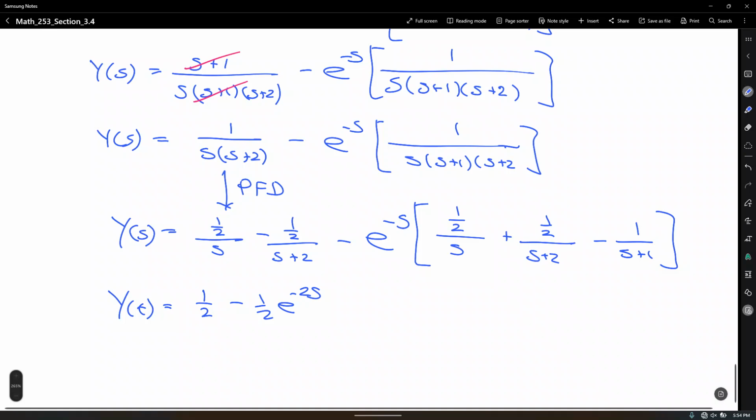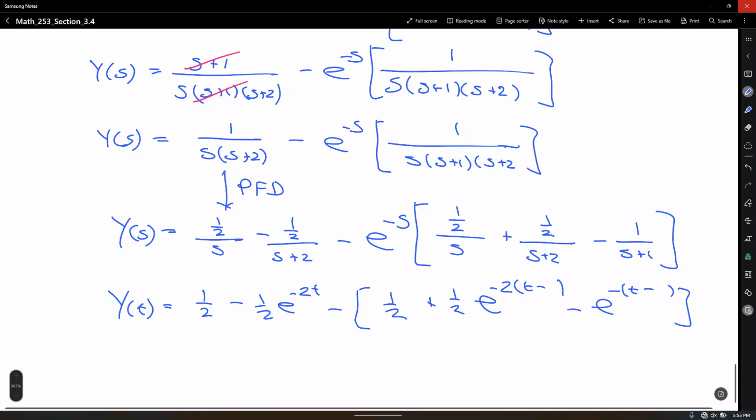So 1 half plus 1 half e to the negative 2 times t minus 1, minus e to the negative t minus 1.